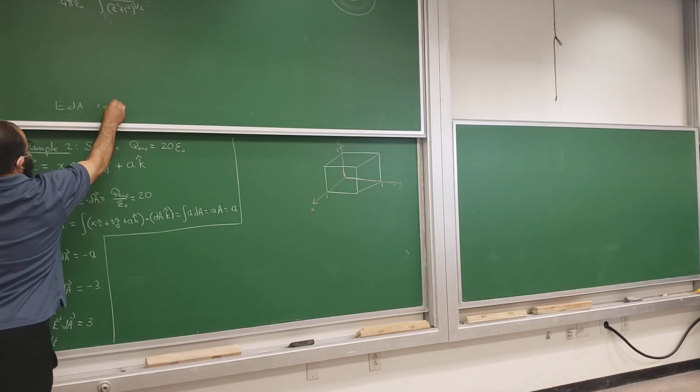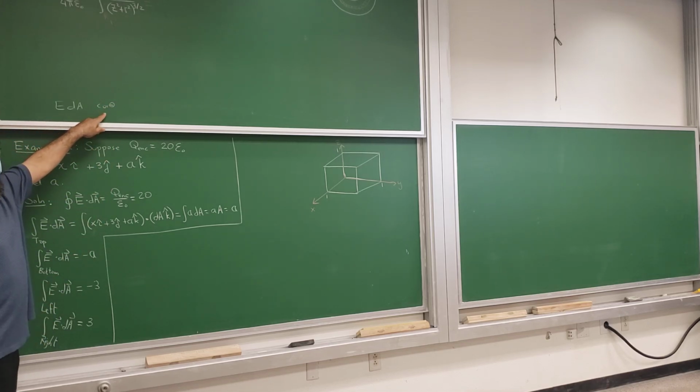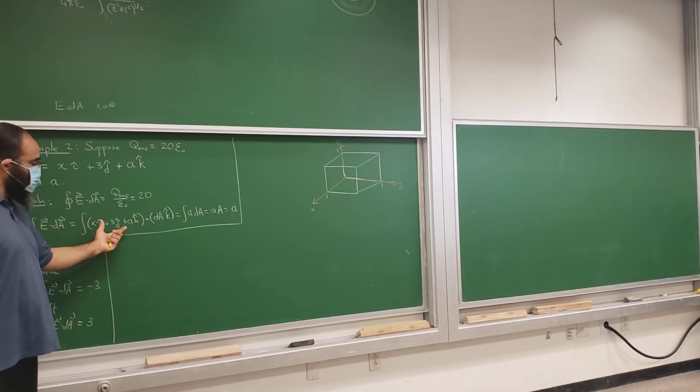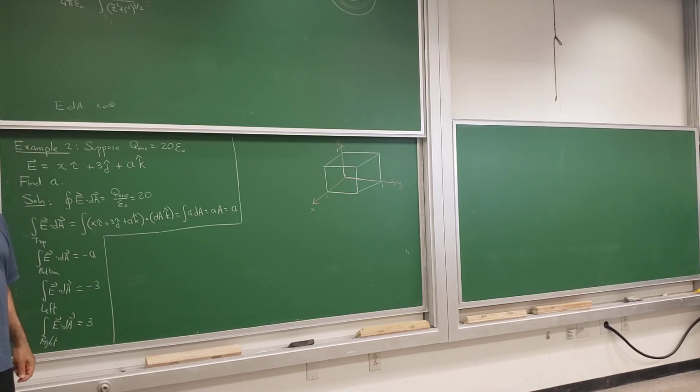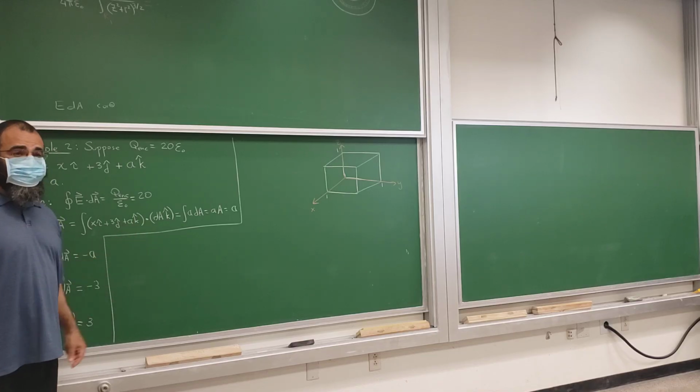You would if you were given the angle that the vector dA makes with E. If you're not given this, you're given just two general vectors, so here you have to actually do the dot product. It's actually easier this way.